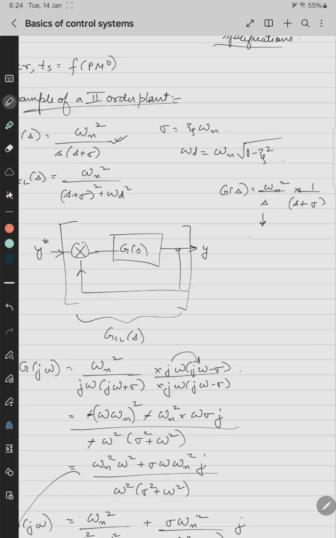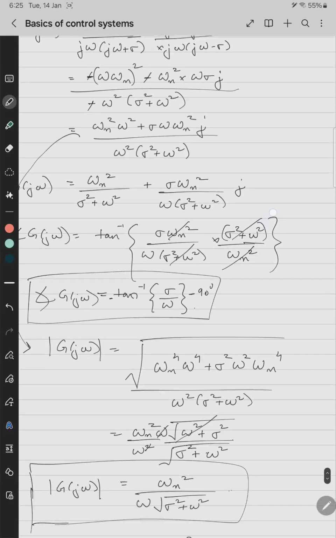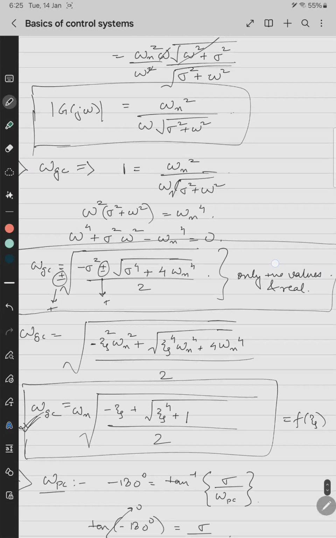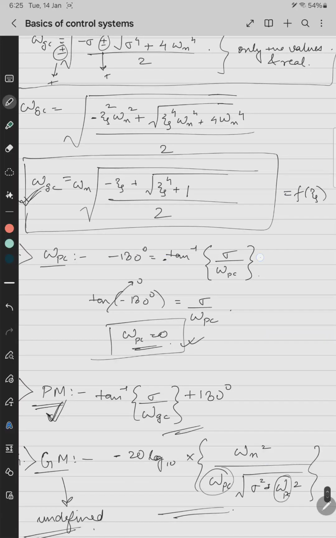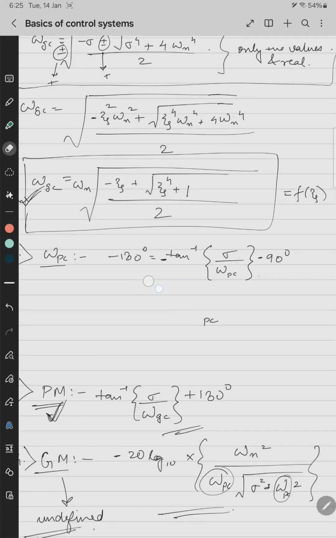So the angle of this is minus 90 degree, and the angle of this is minus tan inverse of sigma by omega. So just add these. There was some mistake, it is minus 90 degree.